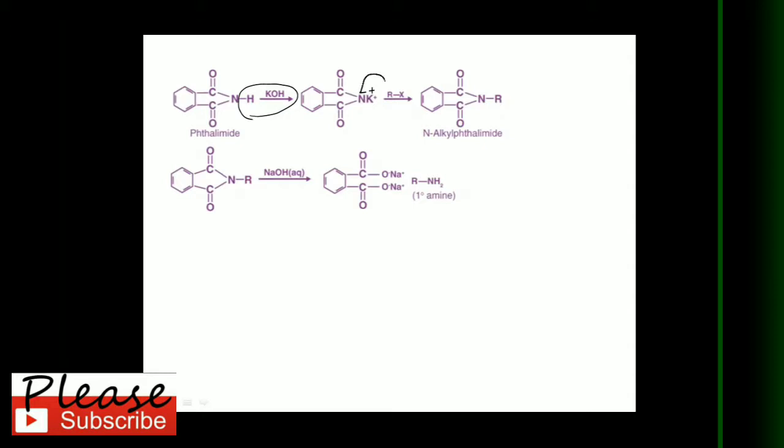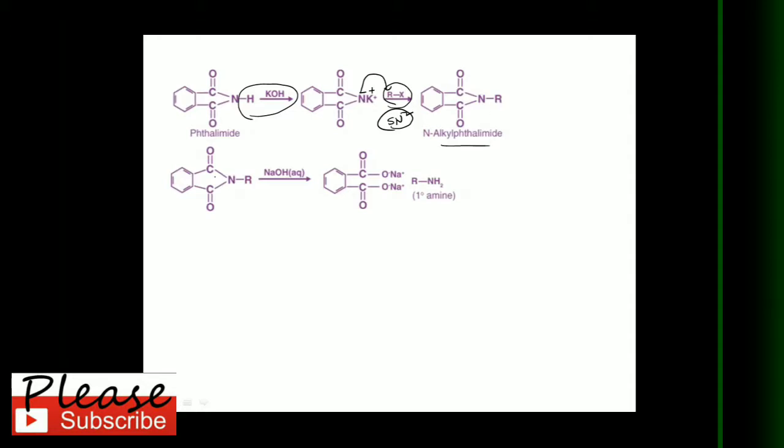By adding alkyl halide, nucleophilic substitution takes place. Here the condition is that the alkyl halide must be small. It follows an SN2 mechanism. If the alkyl halide is bulky, an elimination reaction takes place. Because it is an SN2 reaction, smaller alkyl halides are more reactive. So in this case, N-alkyl phthalimide is the product.